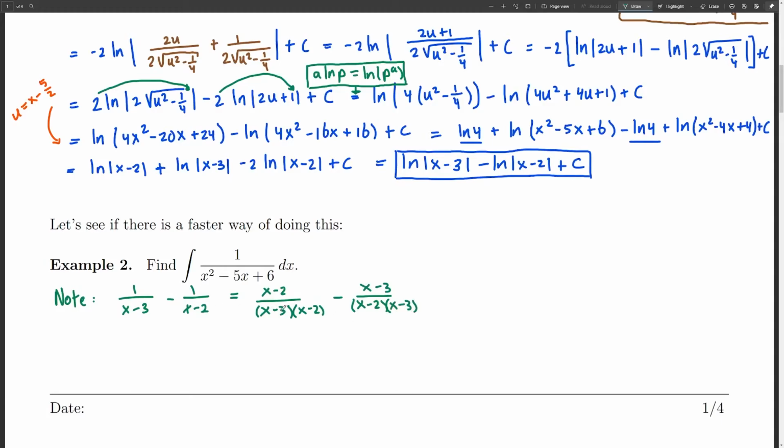So the common denominator is x minus 3 times x minus 2. And we know that when you FOIL that out, you get x squared minus 5x plus 6. And then in the numerator, we get x minus 2 minus x minus 3.